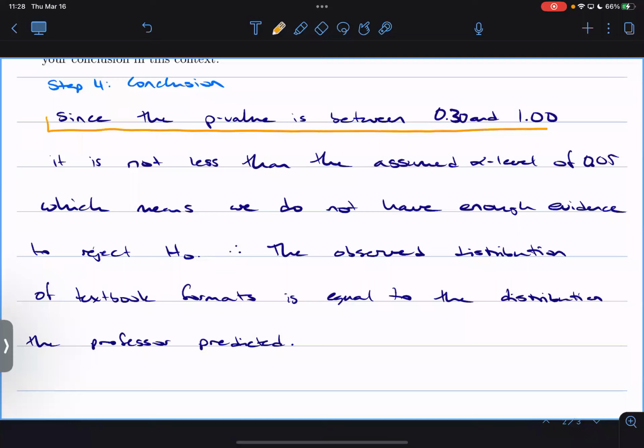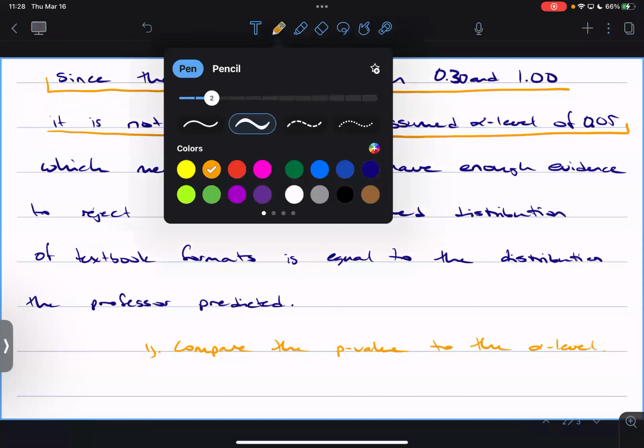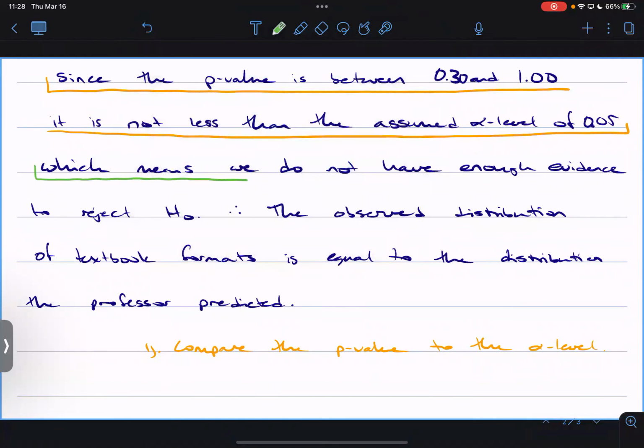So since the p-value is between 0.30 and 1, it's not less than the assumed alpha level of 0.05. That's your first mark. So part 1 is to compare the p-value to the alpha level. Second part of your conclusion: what does that mean in terms of H naught? Do you have enough evidence to reject H naught, or do you not have enough evidence to reject H naught?